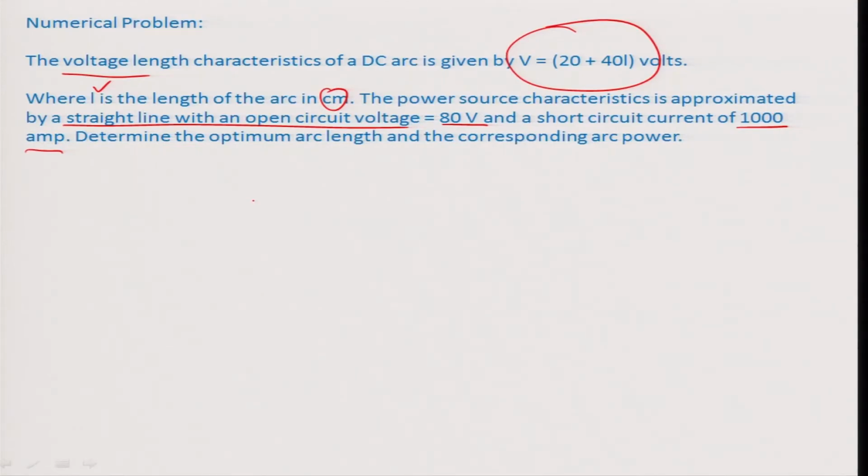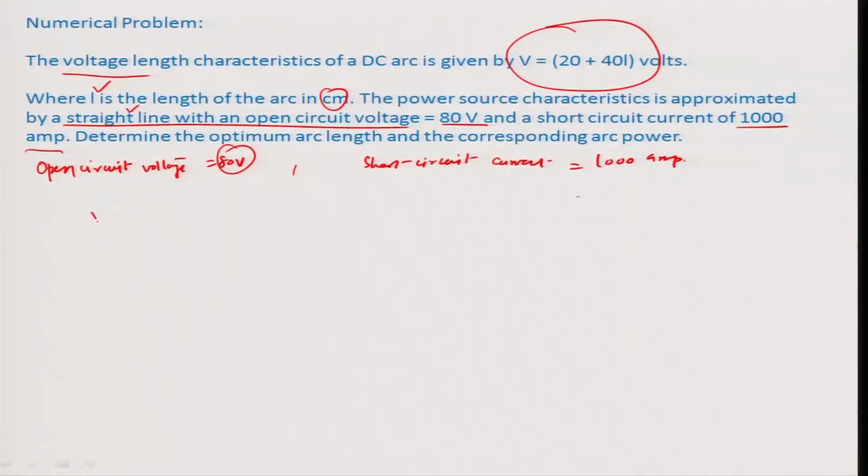As has been recorded here, there are two statements: the open circuit voltage corresponds to about 80 volts and the short circuit current corresponds to about 1000 amperes. As the VI relationship is linear in this particular case, we can write V equal to A plus BI, where A and B are constants.